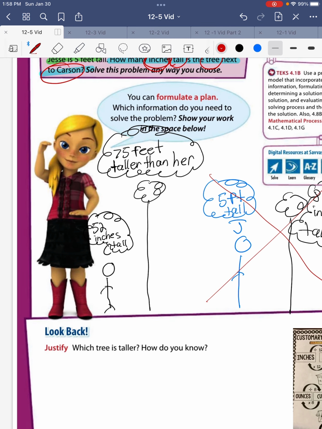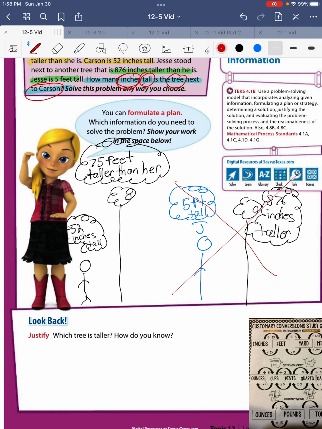Okay, so I know the tree is 75 feet taller than her. So my first step is I have 75 feet. But I need to do something in order to convert it to inches. So I'm going to put inches here.